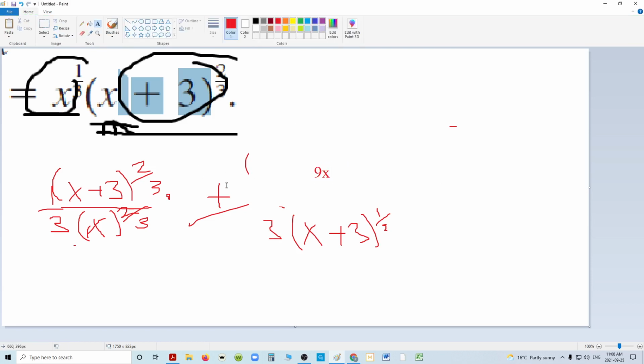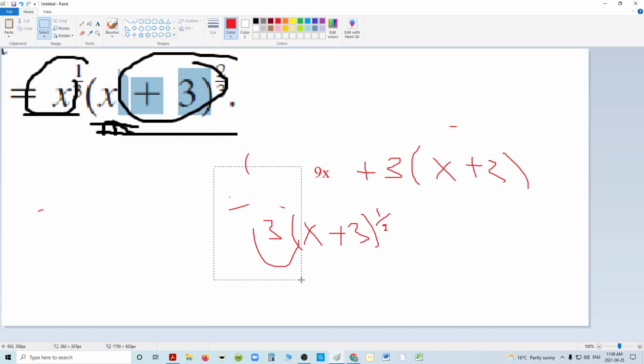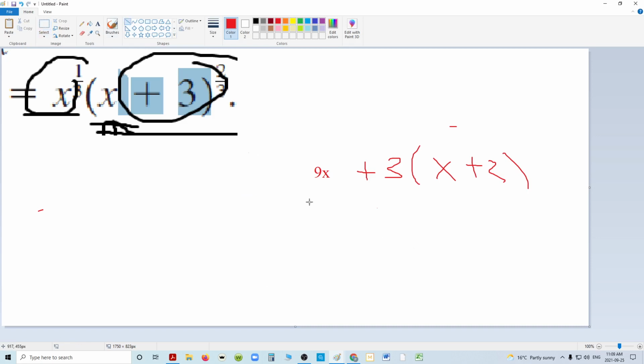When I cross multiply the bottom, it's 3 times this object that has the same base as this object. It becomes plus 3, x plus 3, because the fractions cancel out. And the bottom of the numerator of this thing, so I get 9x plus 3 times x plus 3, and the bottom of it becomes those terms with those numbers.